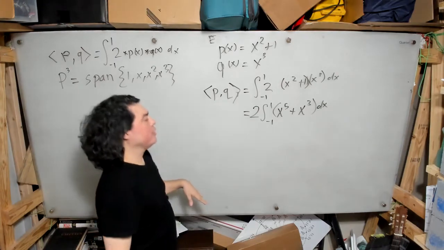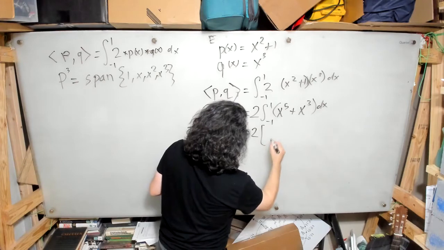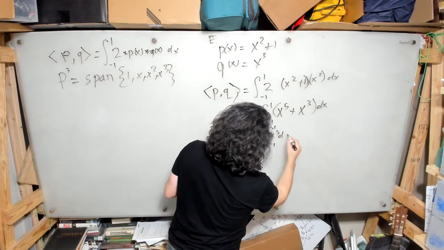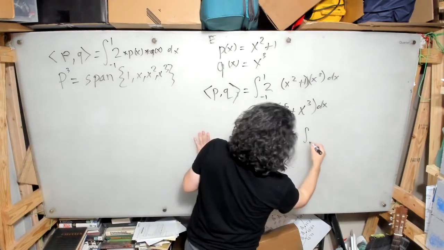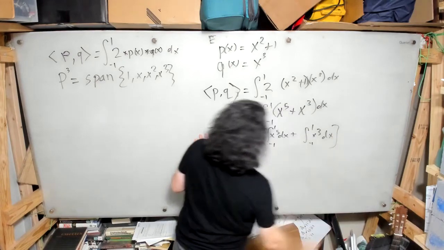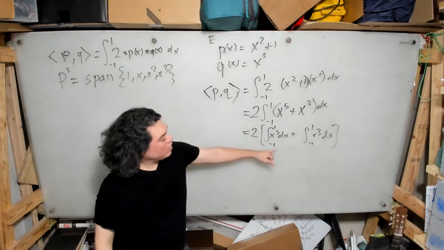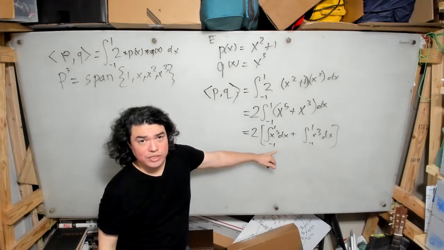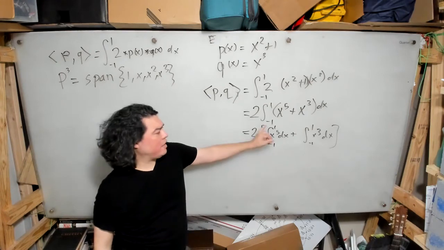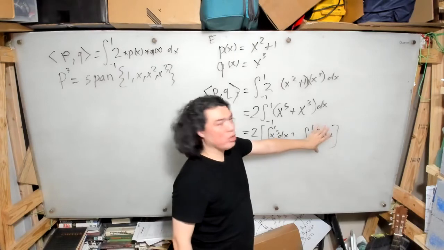I didn't want to do this, but I noticed as I was doing it that if you take this integral, you get x to the 6 over 6, and when you evaluate that at these endpoints, it zeroes this term out, and similarly this term gets zeroed out.